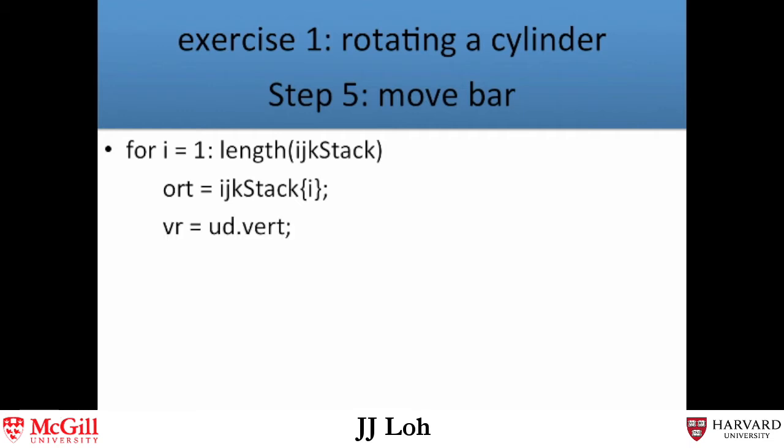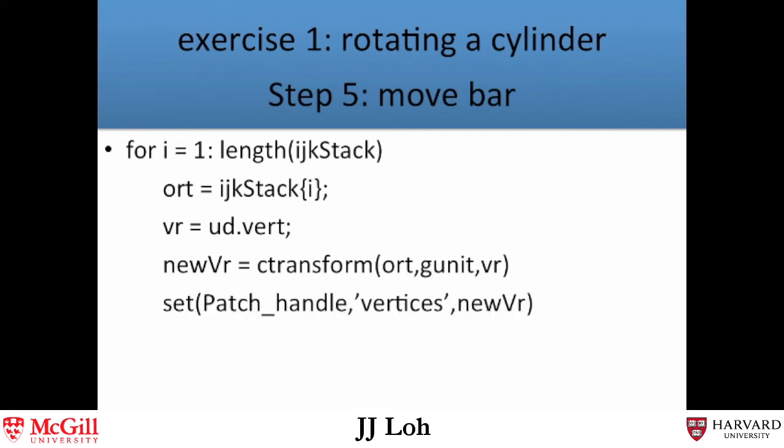Get the vertices from ud.vert. 3. Calculate the new vertices using C-transform and transform the vertices from the local system to 1, 0, 0, 0, 1, 0, 0, 0, 1, the global system.